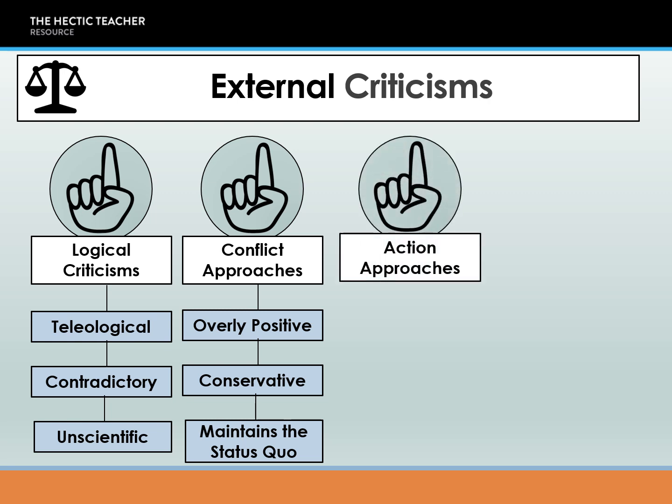We then get the action approaches or the interaction approaches who criticise it. And their first criticism is that it is deterministic. Now, this is a key word that you do need to remember. And what that means is it's taking away agency from the individual. As an individual, I don't have control over my behaviour, my life course, or my choices.